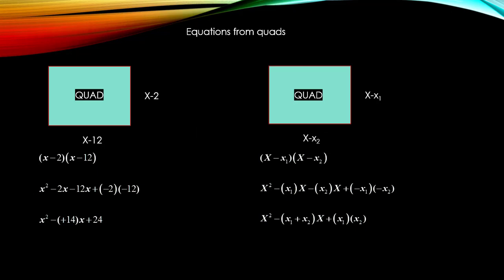So exactly what is a quadratic equation? If we look at a quad like this, with sides x minus 2 and x minus 12, we can multiply those sides like we did here.